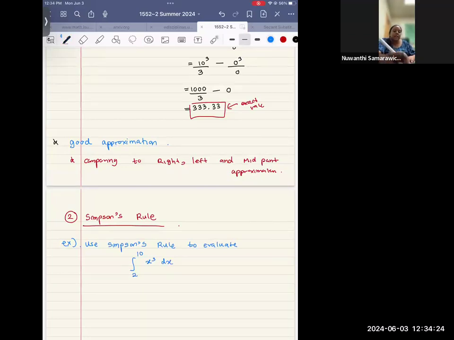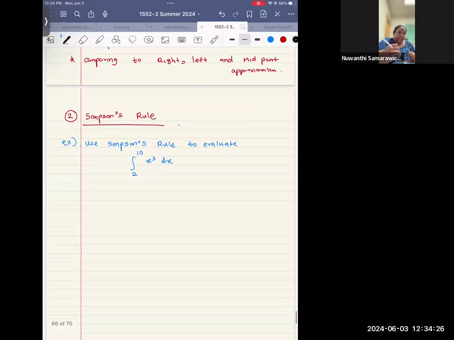Okay, so let's see what the formula is again. The formula for Simpson's rule. Here we denote Simpson's rule by capital S_N. So S_N is equal to, this is a little bit tricky, delta x, the length of the subinterval, divided by 3.